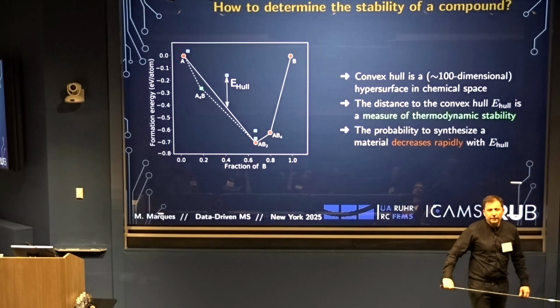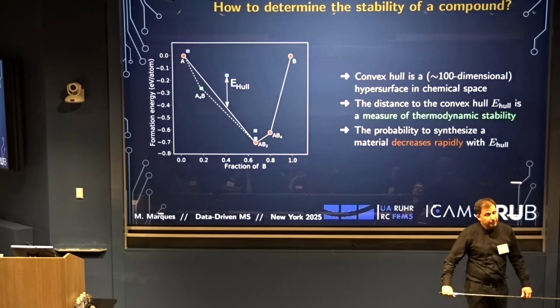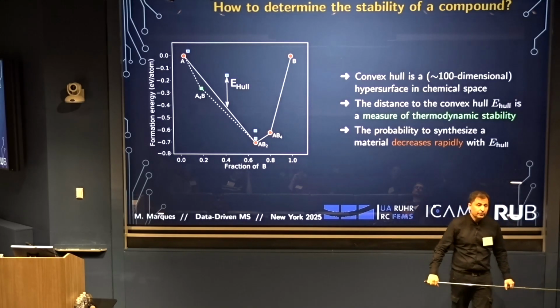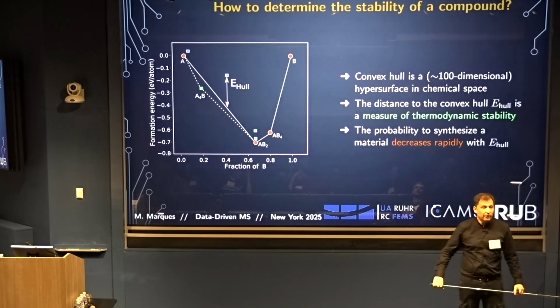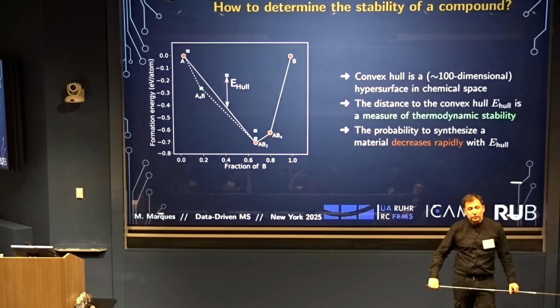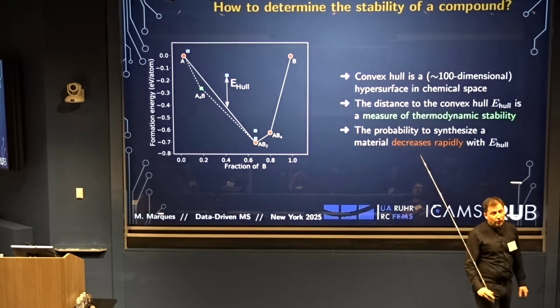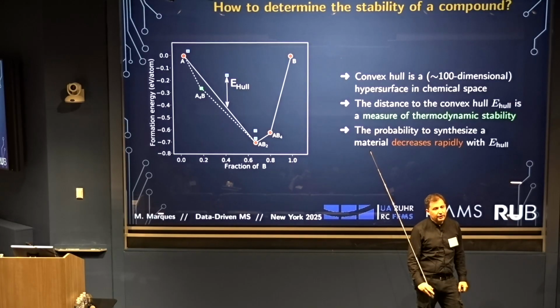The way is by using experimental formation energies or reaction energies, which in this context give similar information. What we know is that the error in our distances to the hull is of the order of 70 meV per atom, but most of the error is in oxides and fluorides.